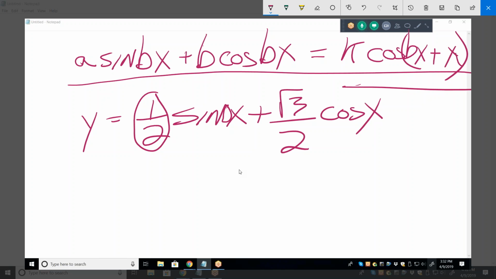So let's list it. A is what? A is 1/2. Oh, I see what the problem's going to be. What's B? √3/2. No. Oh, capital B is √3/2. What did I write wrong in this thing?